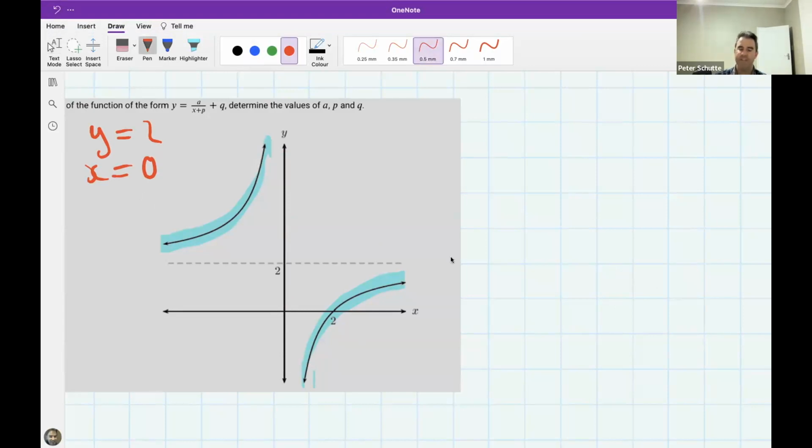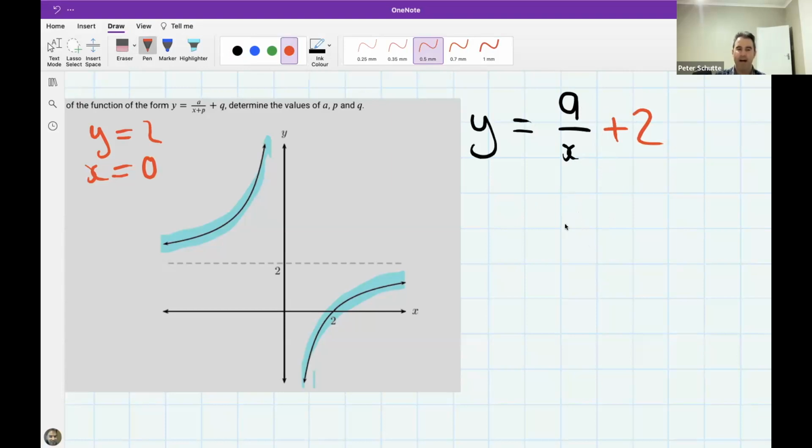It doesn't matter if it equals minus 0 or plus 0, it does the same thing. So you're going to get a over x plus 0, but x plus 0 is really just x, or it could be x minus 0. It basically just becomes y equals a over x, and then this is going to be plus 2.